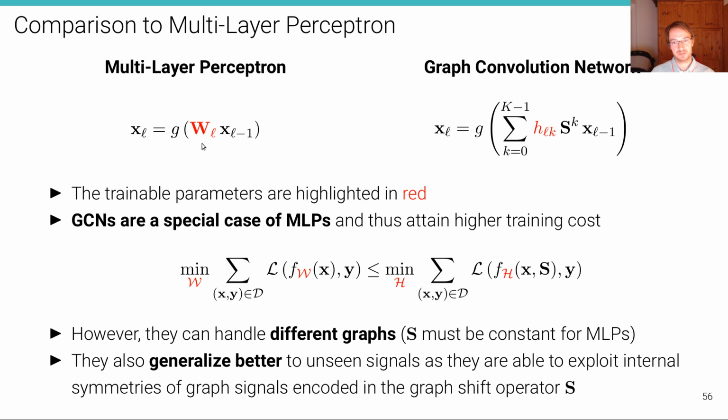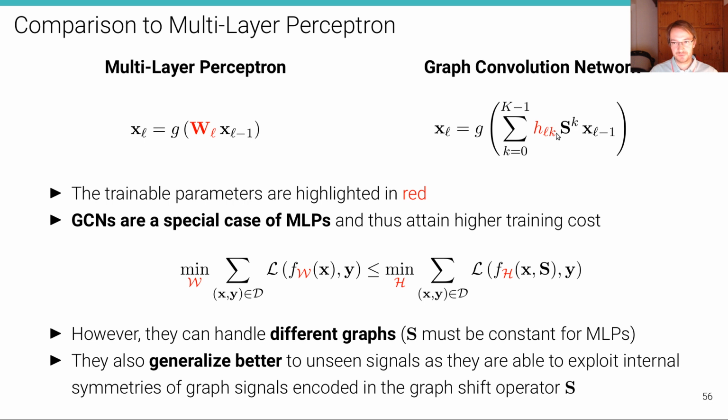Now, if we compare this to this, where we see the trainable parameters highlighted in red, we see that this model is more flexible because we can use this model to represent this model on the right. So this is a special case. The graph convolutional network is a special case of the multilayer perceptron.